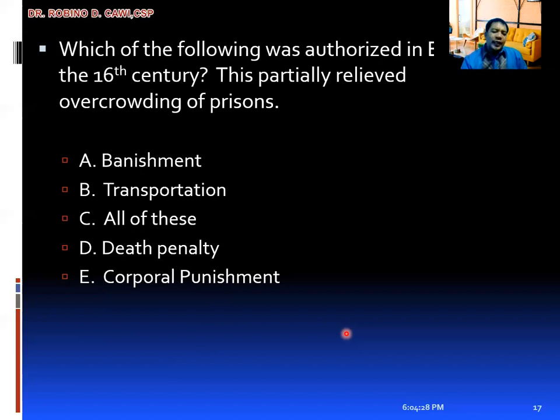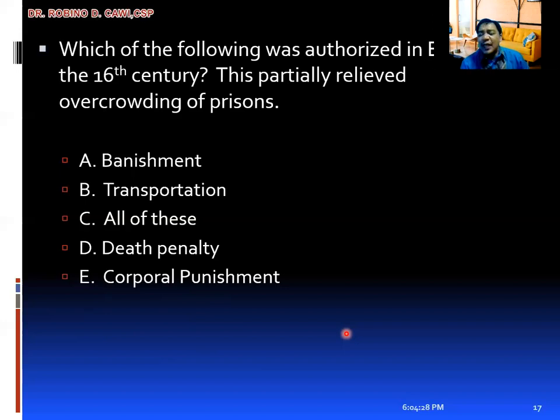In England during the early days, as we have made mention, the most common form of punishment was the death penalty and torture. And because the English government wanted to humanize punishment, they thought of measures to come up with a more lenient form of punishment.